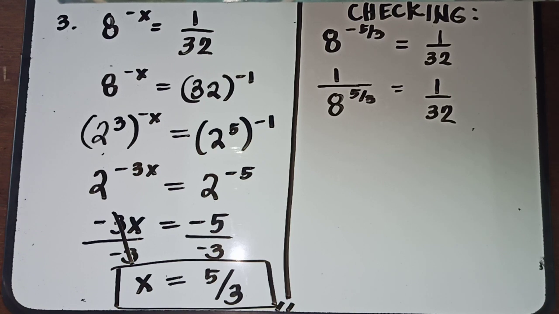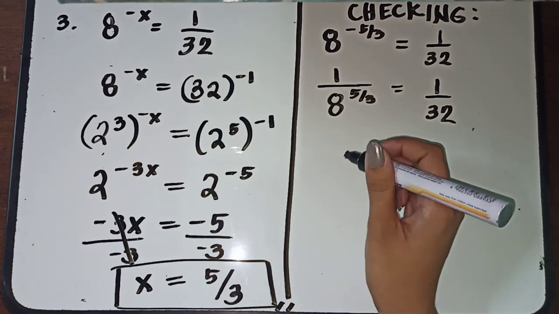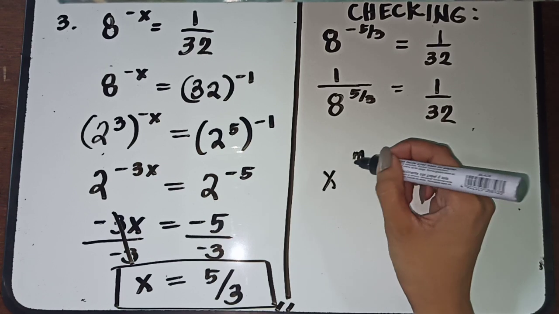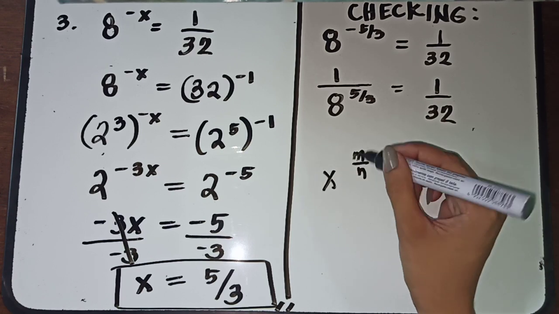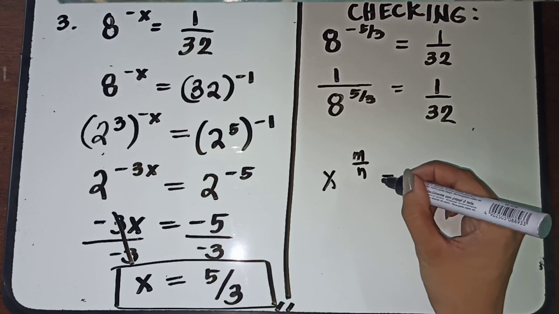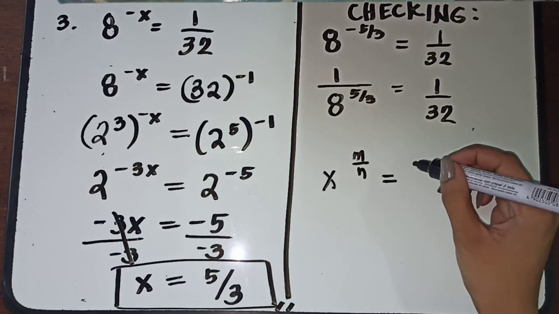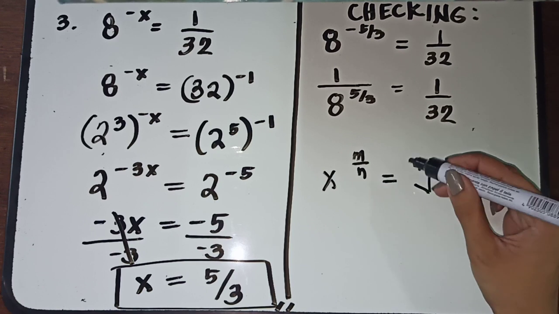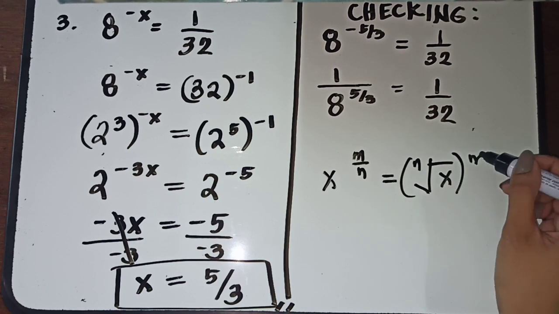Okay, so we have 1 over 8 raised to 5 over 3 is equal to 1 over 32. So, we have law of exponent. So, sa law of exponent, kung meron akong x raised to m over n, or kapag ang exponent ko ay fraction, it is also equal to the nth root of x raised to m. Okay?